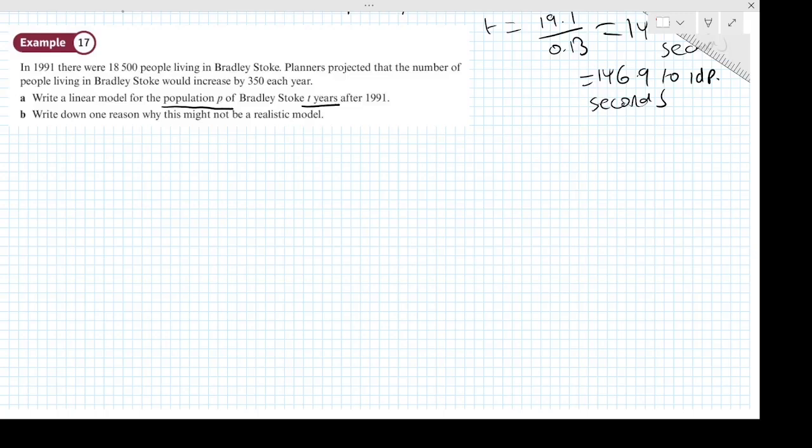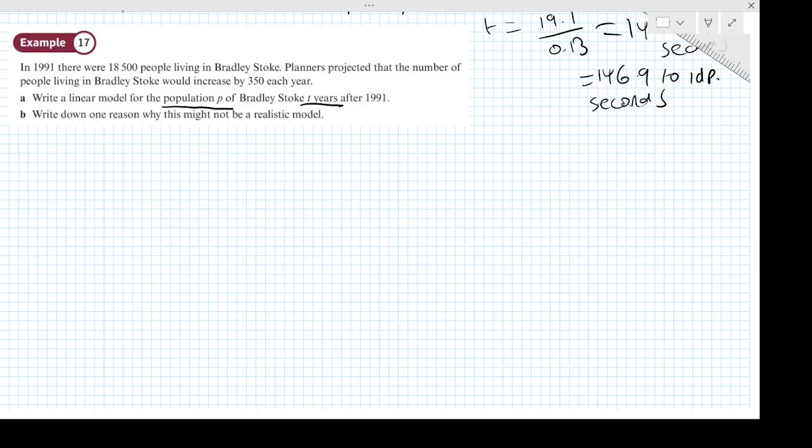So, P and T are my variables, but T is independent. It's like the X variable. And P will be in terms of T. P changes with T, right? As the time changes, the population changes.